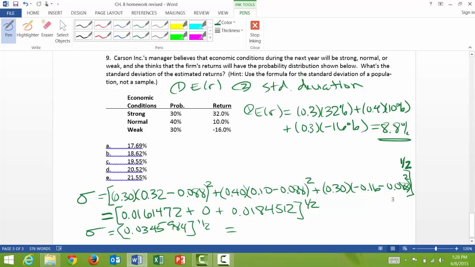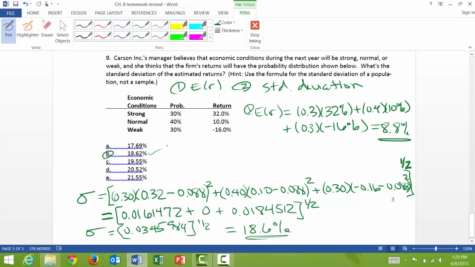So I hit the square root function and type in the number again, and I get 0.186, which is 18.6%. And so there's the answer here, answer B is 18.62%. That's probably because the number I just put as 0 was so small, it made that small of a difference.